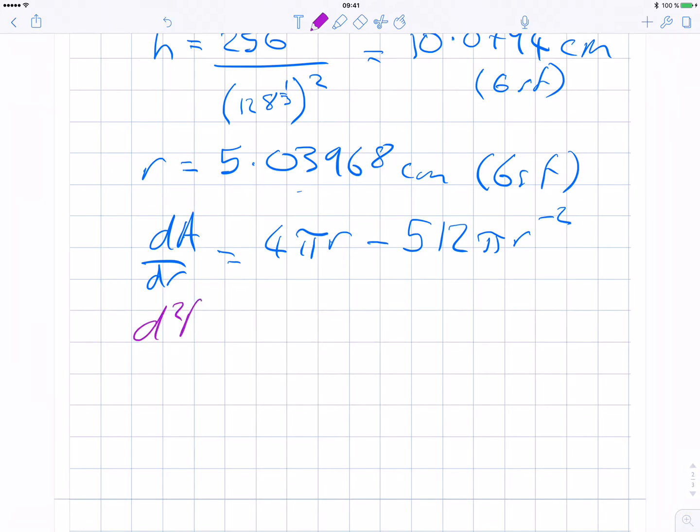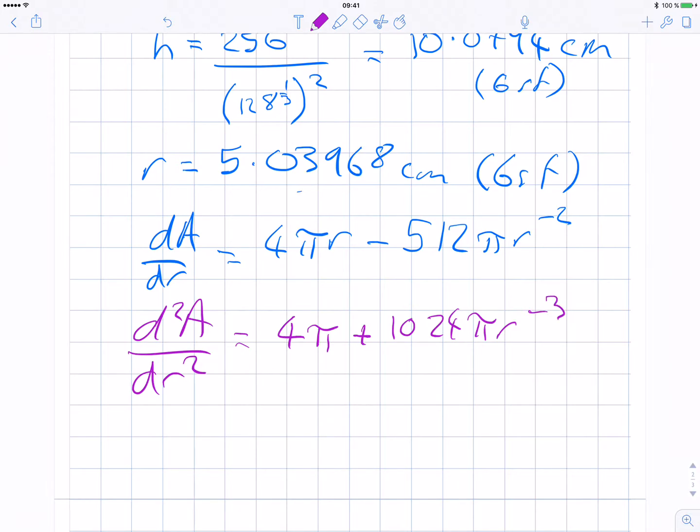So d2A by dr squared is equal to 4 pi plus 1024 pi r to the minus 3.